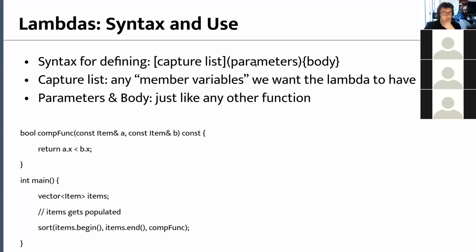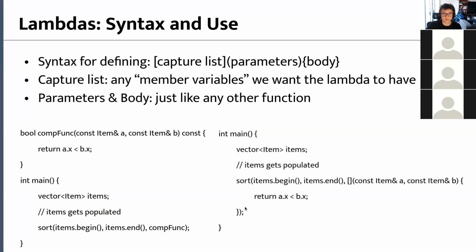And we'll see later that this is actually a lot more powerful than what it seems. But yeah, we'll look at that later. So if we have this function here, like I said, we have a comparator. We just have some item, and we just want to return if the item's x value is less than the other item's x value. We would have some comparator function that's outside of the current frame, and we're just going to pass it to standard sort.